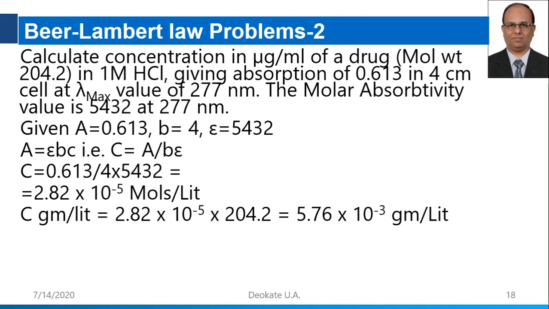Here we get the concentration as 5.76 into 10 raised to minus 3, that is 0.00576 grams per liter. We then convert grams per liter into micrograms per ml by multiplying by 10 raised to 6, so your answer is 5.76 microgram per ml.